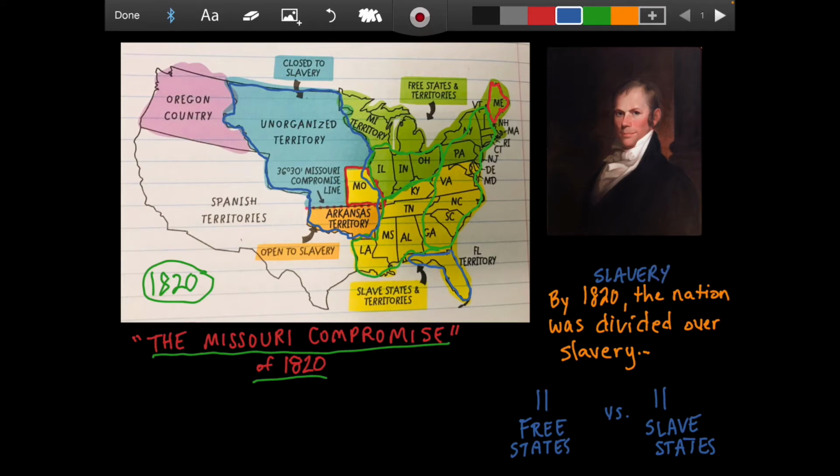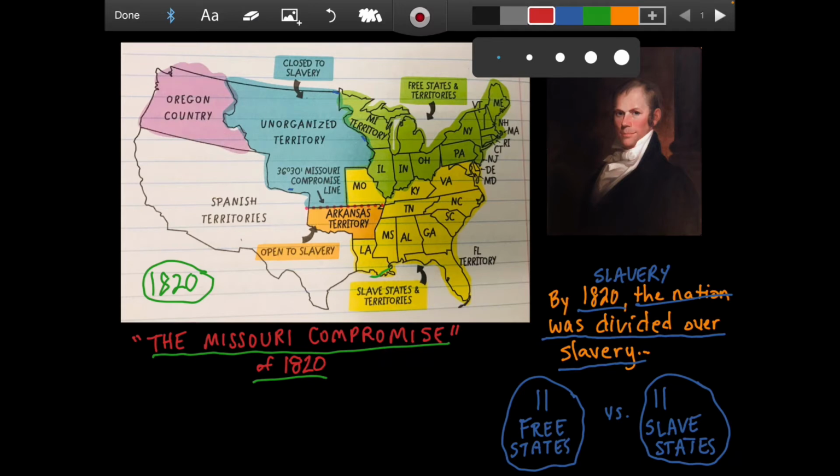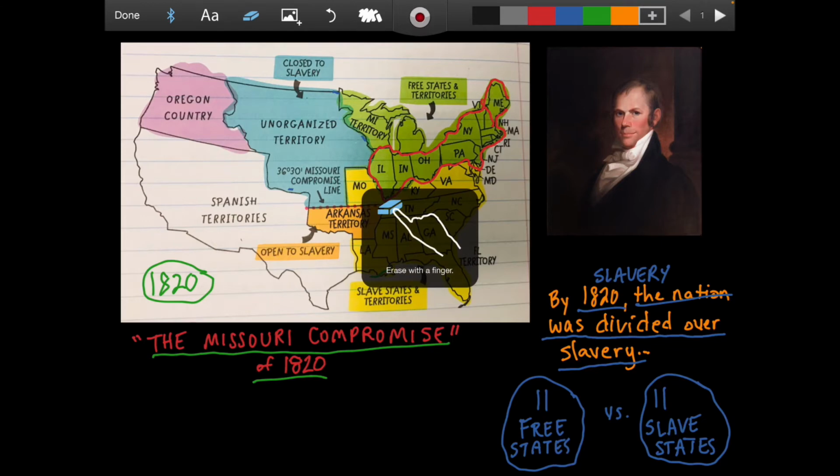By the time we get to 1820, the nation was pretty much completely divided over slavery. We had 11 free states and 11 slave states, as you can see on the map here. States represented by green are the free states, what we consider the free states.